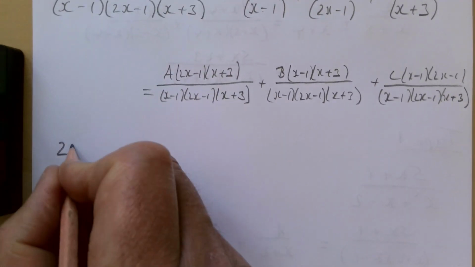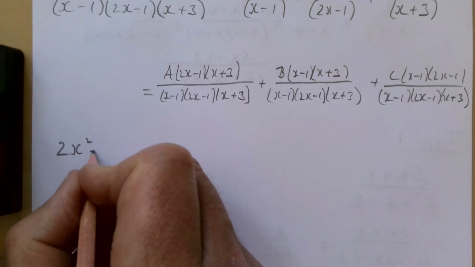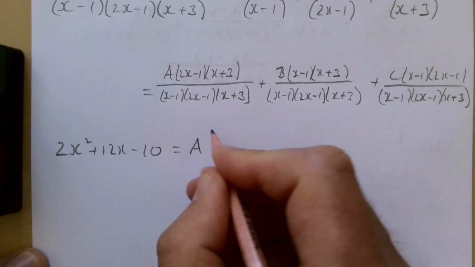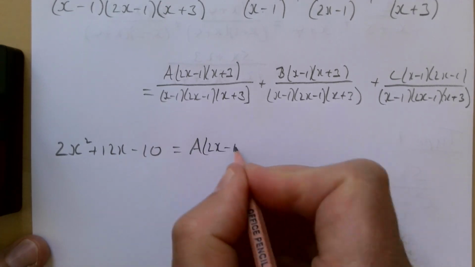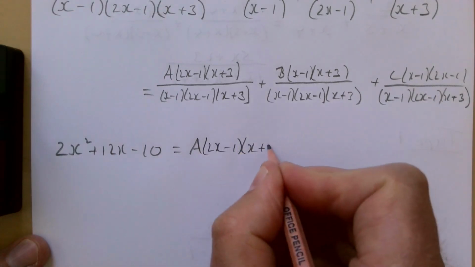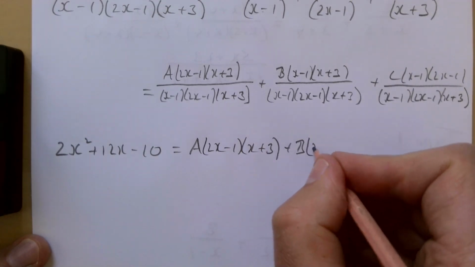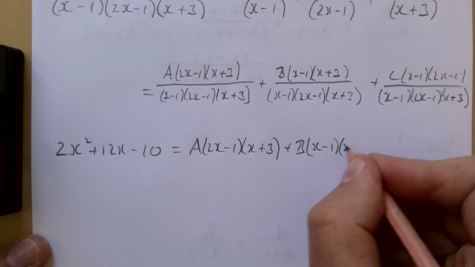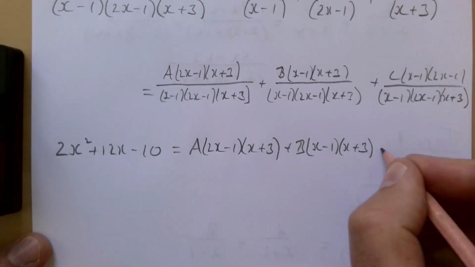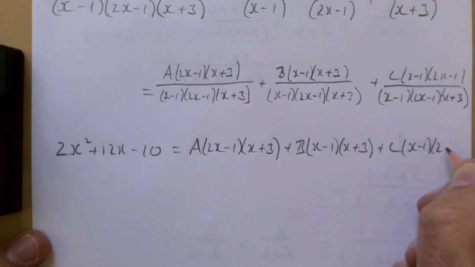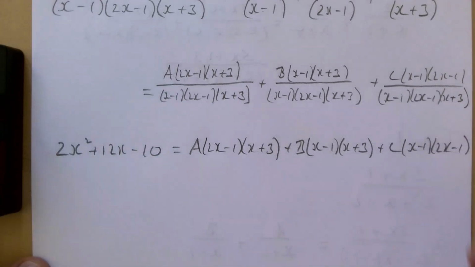So we're going to go for 2x squared plus 12x minus 10 equals a upon (2x minus 1)(x plus 3) plus b upon (x minus 1)(x plus 3) plus c upon (x minus 1)(2x minus 1).